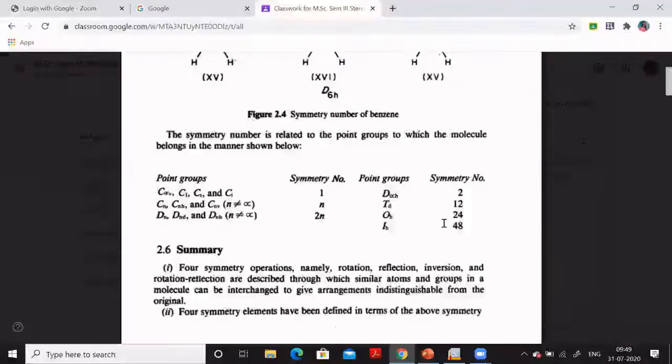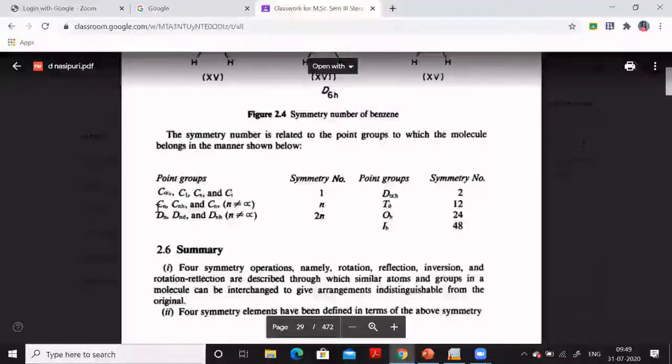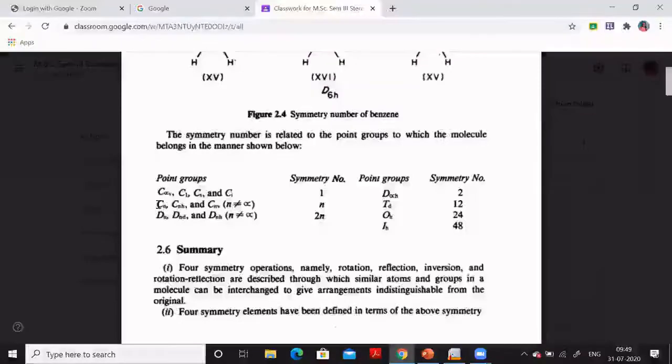What was the point group of cis decalin? C2. So C2 comes under the CN category, and if it is coming under the CN category, its symmetry number will be N, that is 2. So cis Decalin can show 2 different equivalent positions while rotating about that symmetry axis.